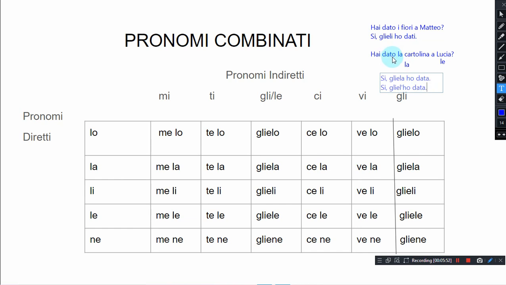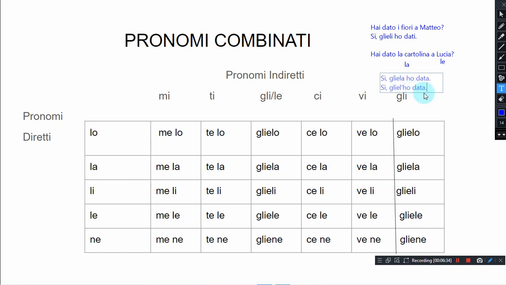Here in the question it was dato, and in the answer it became data, semplicemente perché qui il pronome diretto la, when used within a sentence in a composed tense, such as passato prossimo, the auxiliary verb makes the last letter of the direct object pronoun drop, and the last letter of the past participle has to agree with the direct object pronoun in gender and number.